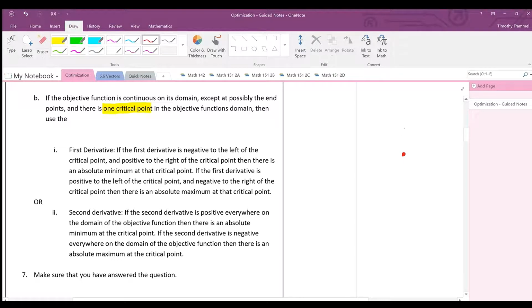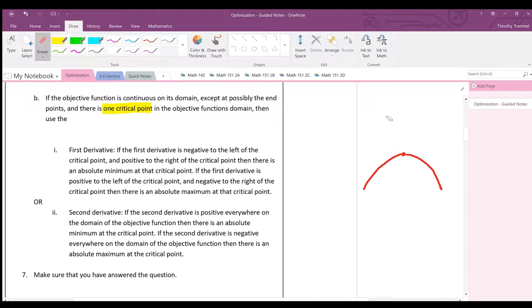If this is the only critical point, if you can show that the function is increasing everywhere to the left of this point, and then show that it's decreasing everywhere to the right of this point, then you know that that critical number is associated with an absolute maximum. Not just local, but absolute maximum.